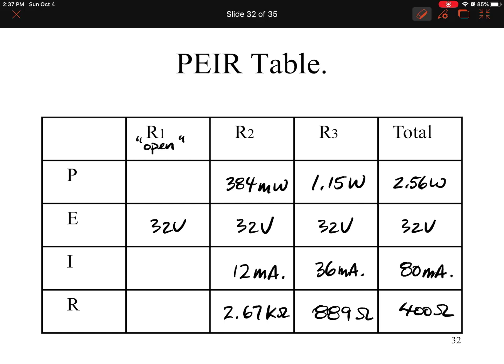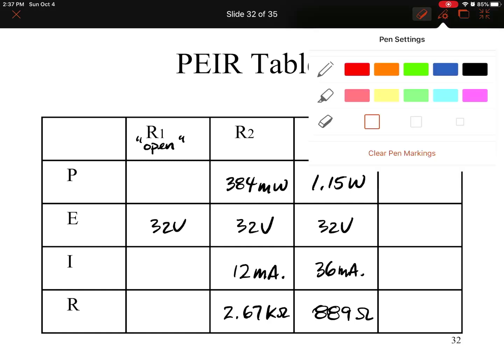So now each individual branch is going to be unaffected, isn't it? R2 is going to be doing the work it always was. R3 is going to be doing the work it always was, but total values will not be what they were previously. So this is how the table is going to change.